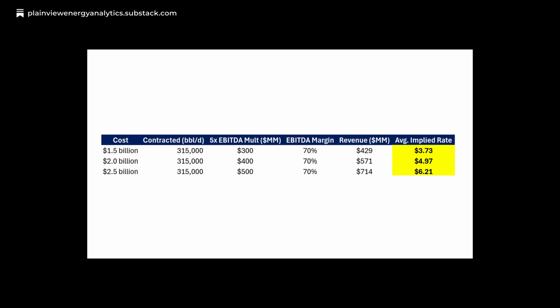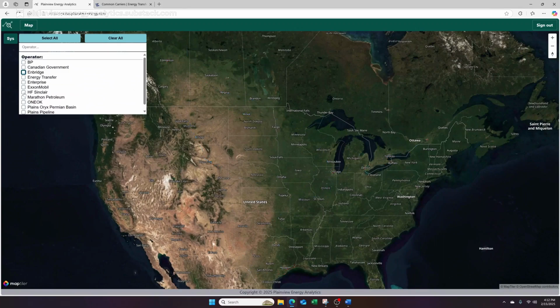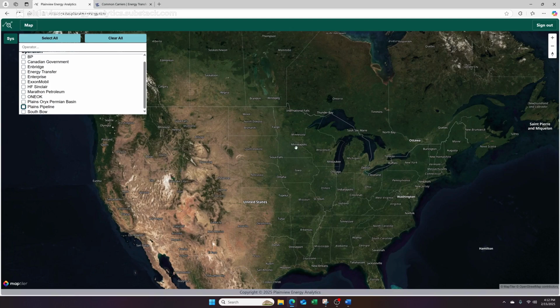We already have all Enbridge's pipelines out, so I'll just get on the map view for you guys. Enbridge's pipelines, so I can highlight those for you. We have Plains' pipelines, Plains Oryx. So again, this is a tool that we're soft releasing and beta testing with clients.